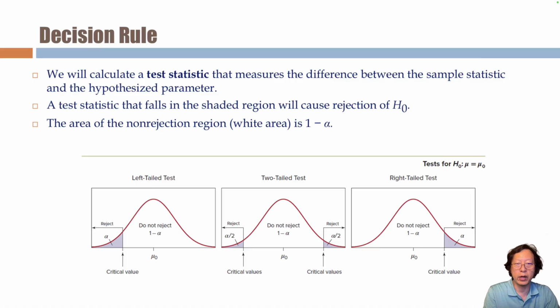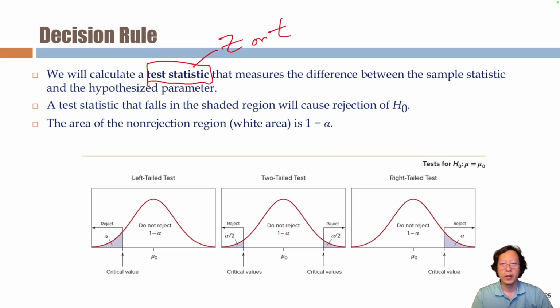Okay, so we will calculate the test statistic. Usually this is the z-value or the t-value. And then we compare it to the critical value.